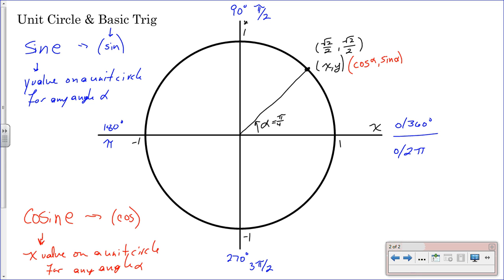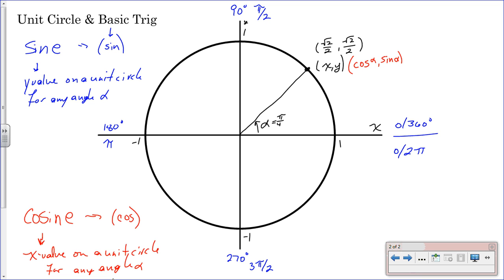Okay, so remember, cosine is your x value, sine is your y value, and they appear in alphabetical order. X comes first, cosine comes first. Y comes second, sine comes second.